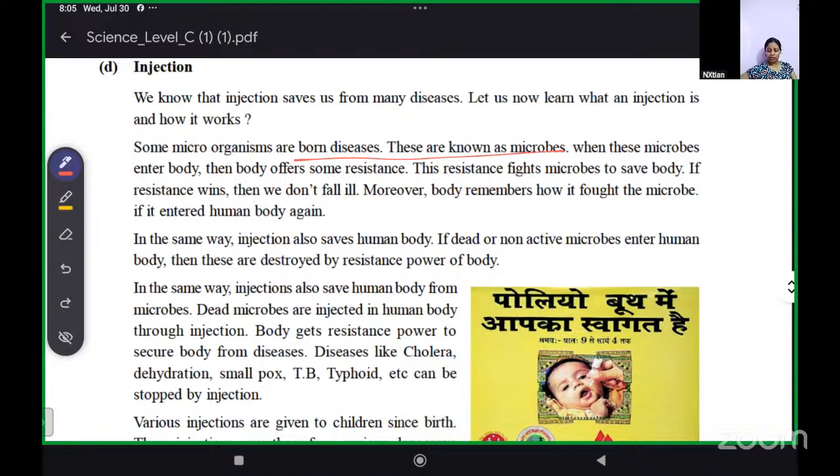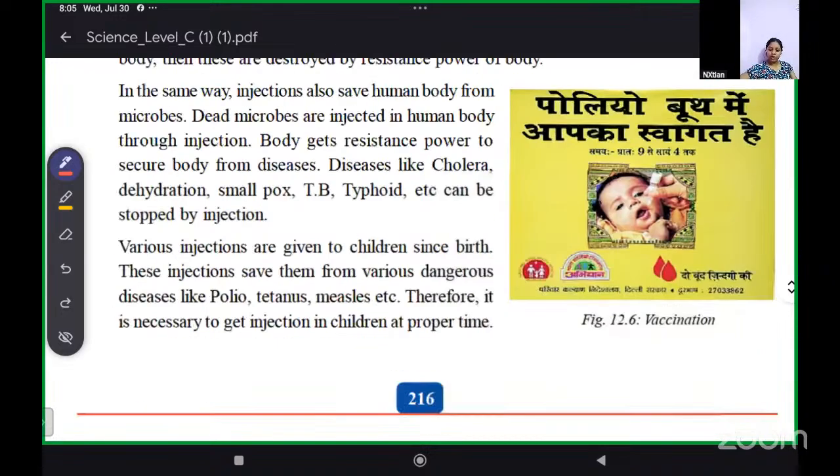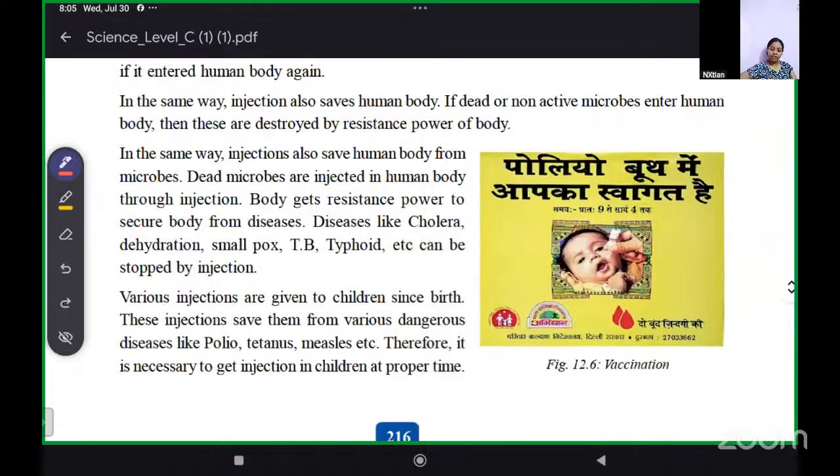Now, injections also save the human body from microbes, because dead microbes are injected into the human body, and the body gets resistance power to secure it from diseases. Diseases like cholera, smallpox, tuberculosis, typhoid, etc. can be stopped by injection.